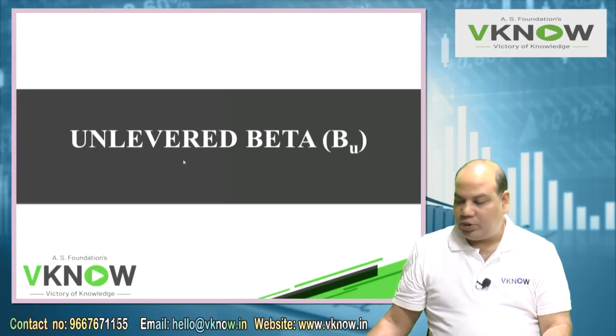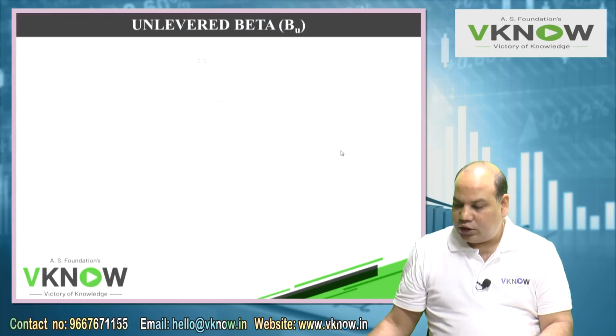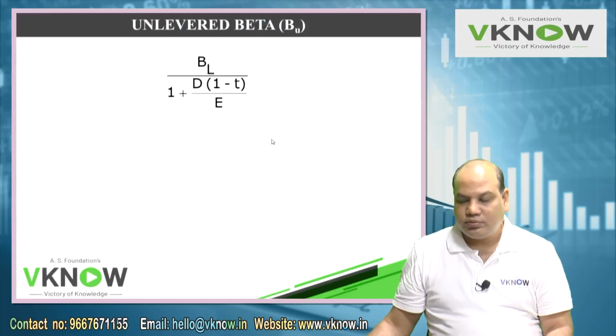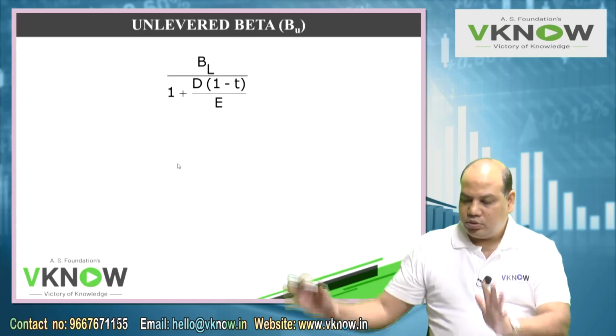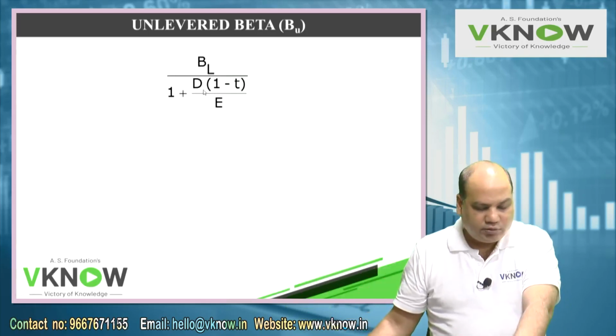Next is unlevered beta, which you will write as BU. Unlevered beta means overall beta. This problem of unlevered beta usually comes in proxy beta problem. So using a proxy firm, first you find out unlevered beta.